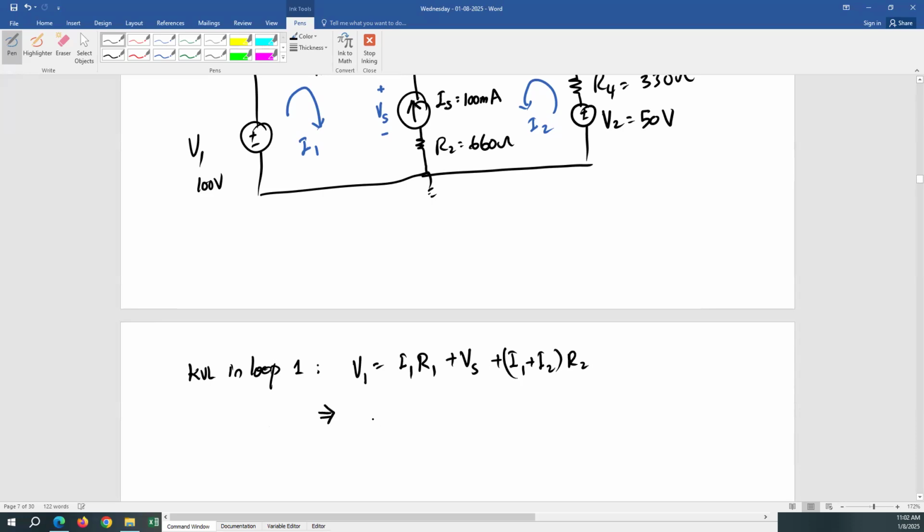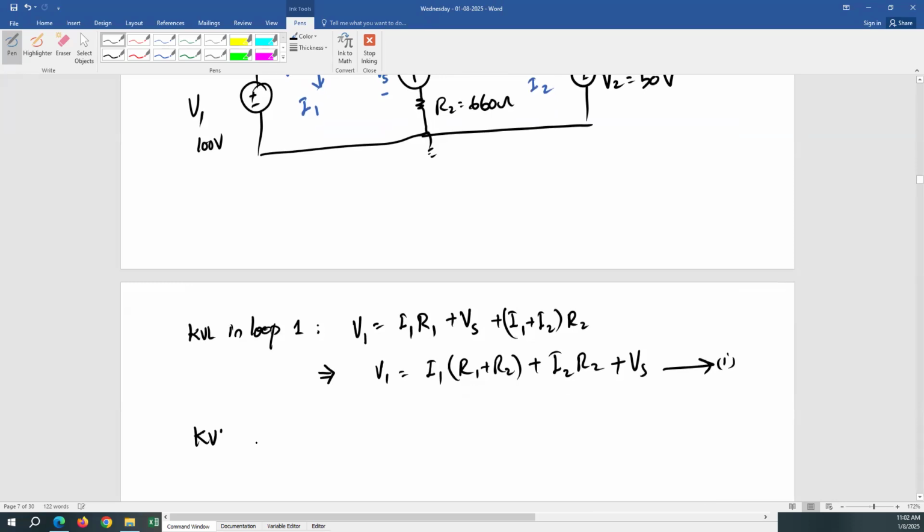And I'm going to write this down as V1 is known, of course. So V1 is equal to I1 times (R1 plus R2) plus I2 times R2 plus Vs. And that's going to be my first equation. Remember, we don't know the value of Vs, it's unknown. So that's why it will stay on the side where you have the unknown variables.